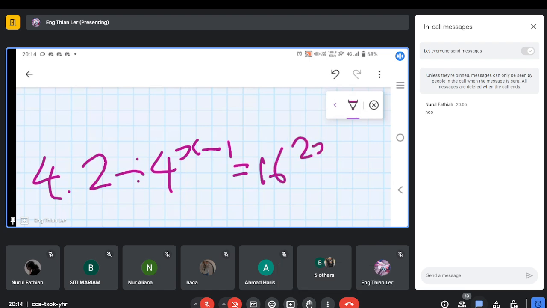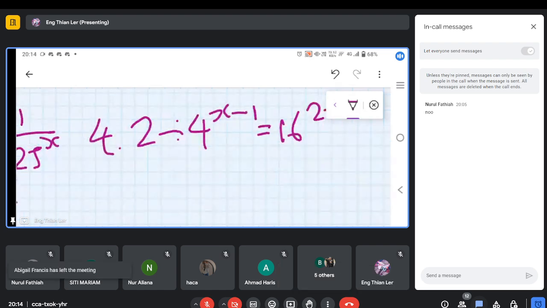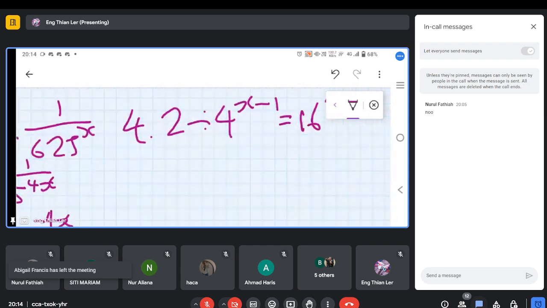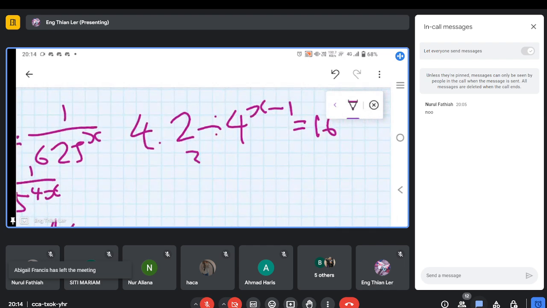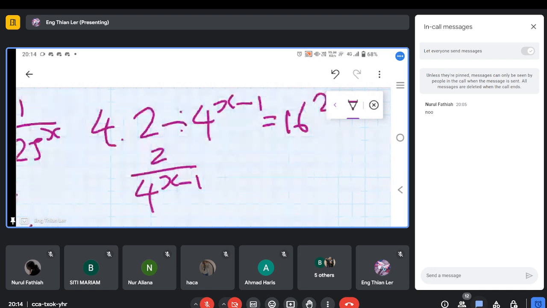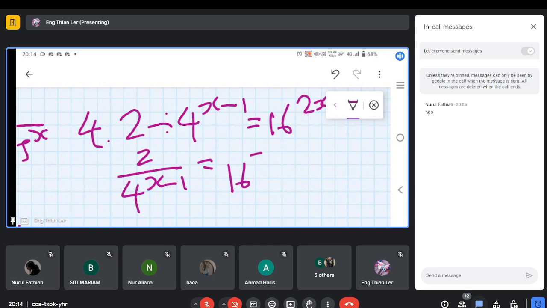So the number 4 I write here. Okay, so now let's write this in a simpler form first. We don't want this divide, so we just write it in fraction form, equal to 16 to the power of 2x.